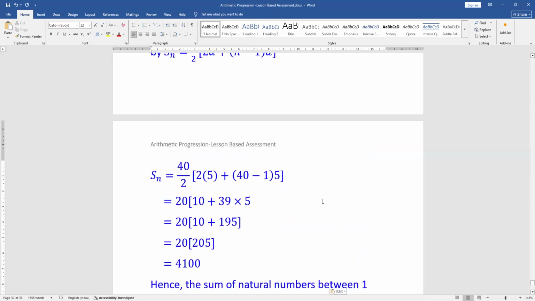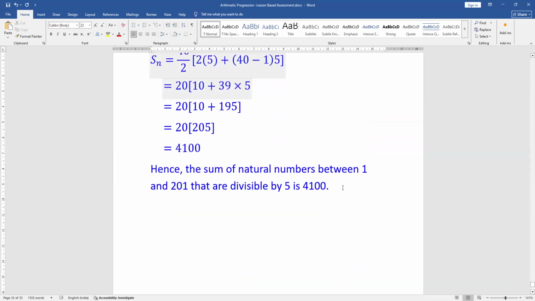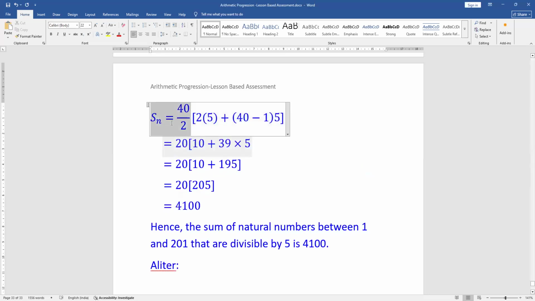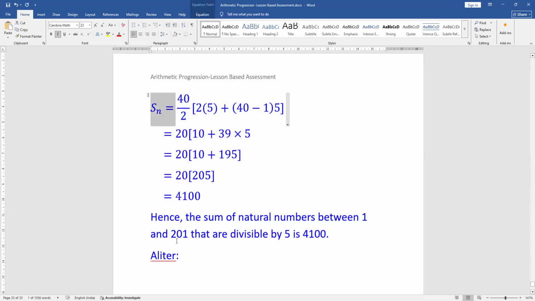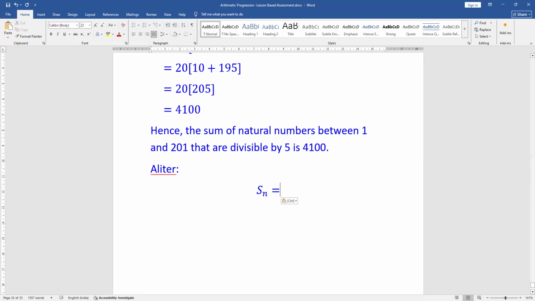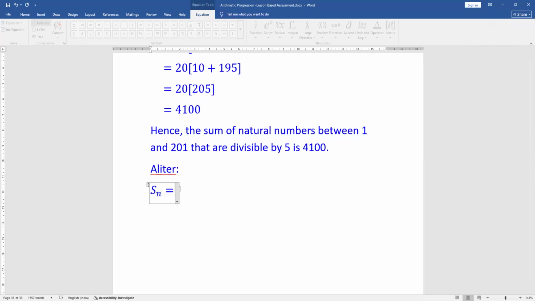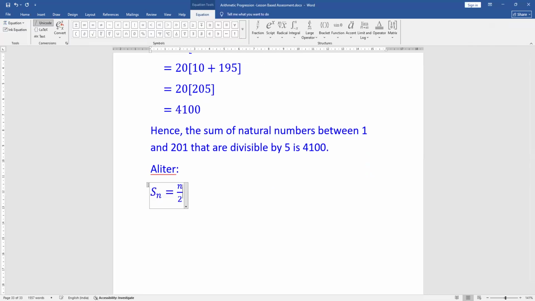Or you can also use another formula. Sn is equal to n by 2 into a plus l. Okay, we can use this alternate formula. So we have Sn equals n by 2 into a plus l. Yeah.